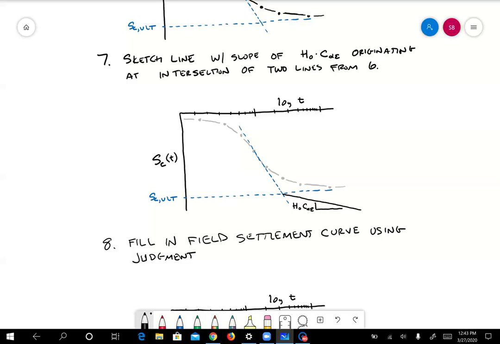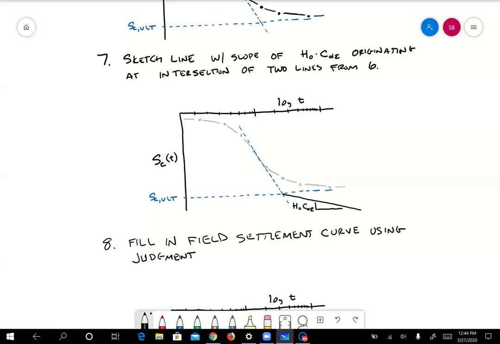Okay, and the reason why we're doing H naught, which is the full layer thickness, times C alpha epsilon here, is that we're plotting settlement on the y-axis. It's important to keep in mind what we're plotting on the y-axis to know what constant to put on this slope. A common mistake students make is that they'll forget the H naught and just plot C alpha epsilon. That would be correct if we were plotting strain here, right?